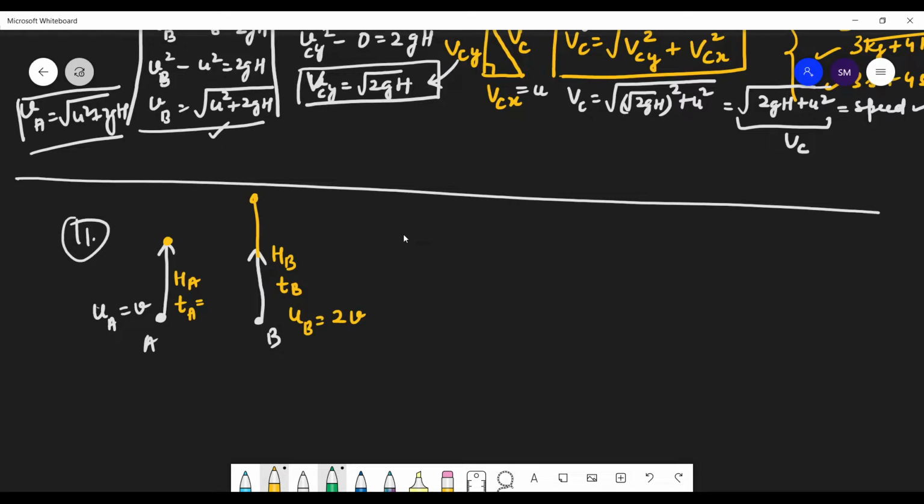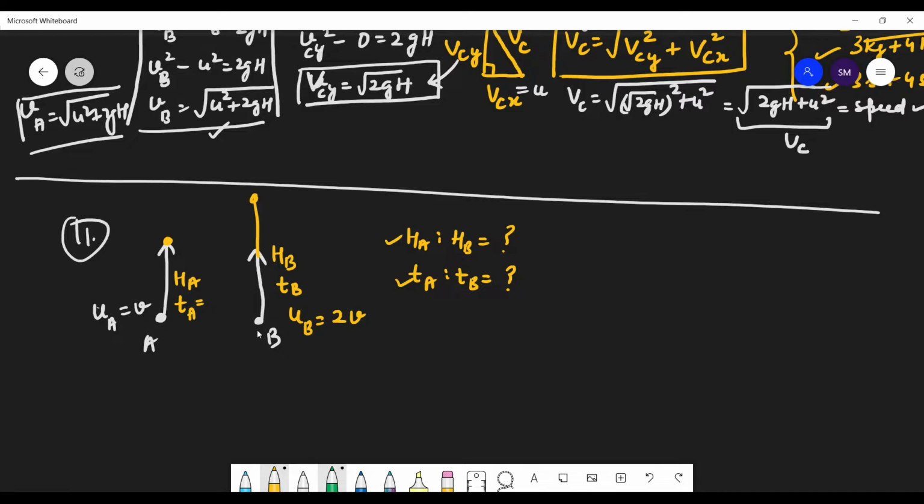We have to tell the ratio of maximum heights, means HA is to HB. What is this ratio? And TA is to TB, time taken to reach the maximum height. So we have to find these ratios. So we have to find T here and H here.